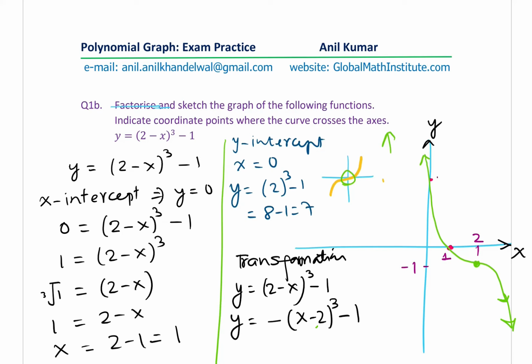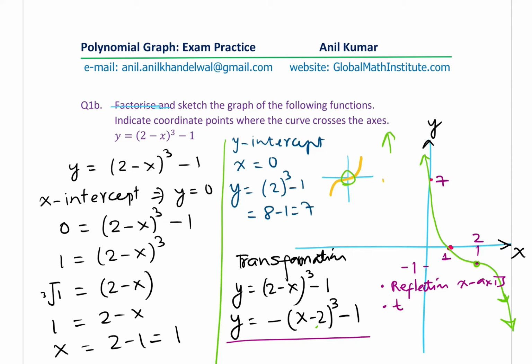X-intercept being at 1, y-intercept at 7. Do you see that part? So we have done this with transformations. So remember, if you are given the vertex form, we apply the transformations. The transformations here are, first, the reflection because of this negative, so on the x-axis.